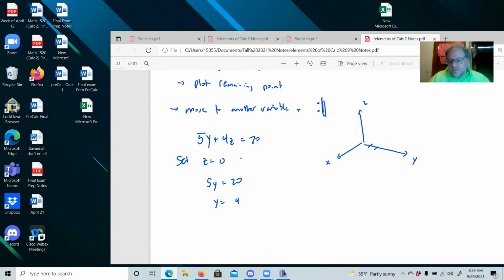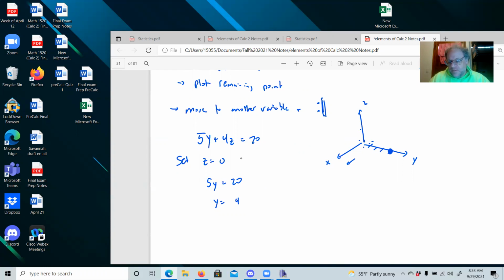So we go 1, 2, 3, 4 on the y axis. What's x at this point? Well, we don't really care, but x would be 0. So we're just going to have that point there. z is 0 because we're not going anywhere in this direction, and we went four steps in the y direction.